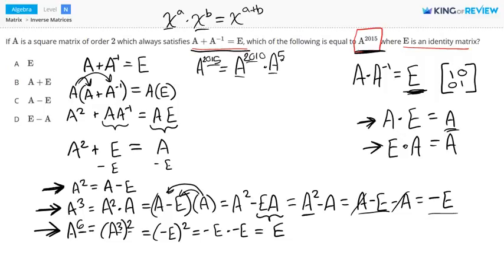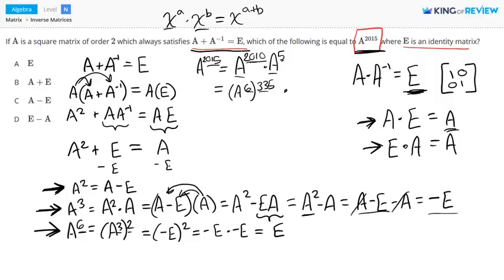So now we want to write these in terms of A squared, A cubed, and A to the power of 6. So we can rewrite A to the power of 2010 as A to the power of 6 raised to the power of 335. Because 6 times 335 gives us 2010.